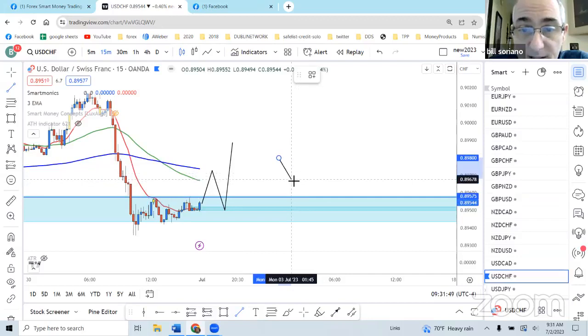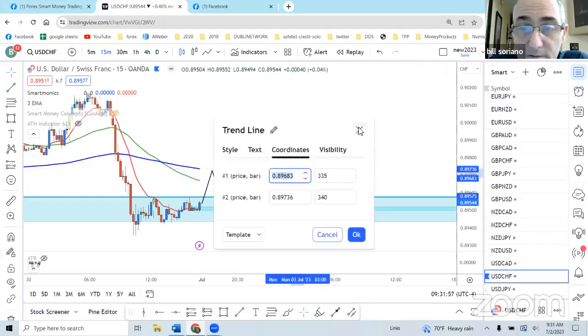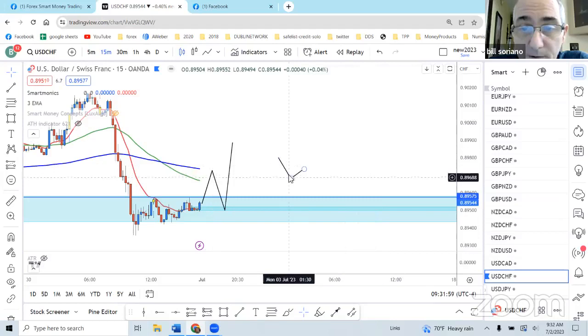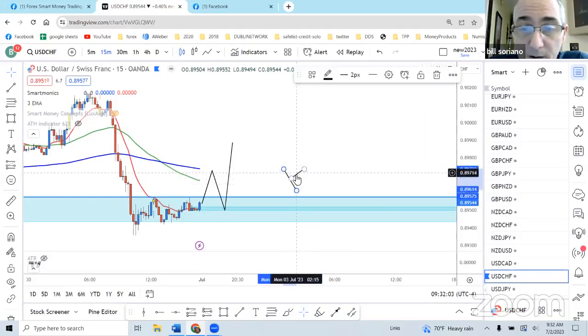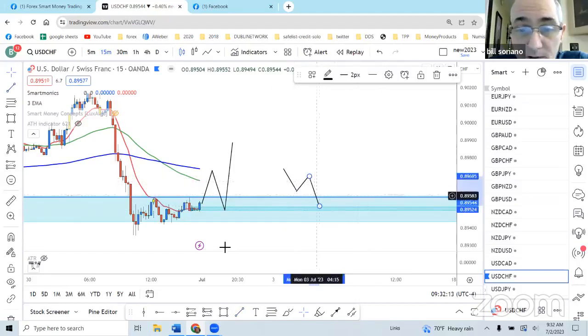Okay, so let's say price is moving down here. We get a pullback right here like this. Let's just see if we can move this down a little bit here. So we get a pullback like this, then price comes down and it hits our point of interest and moves into our order block, right?